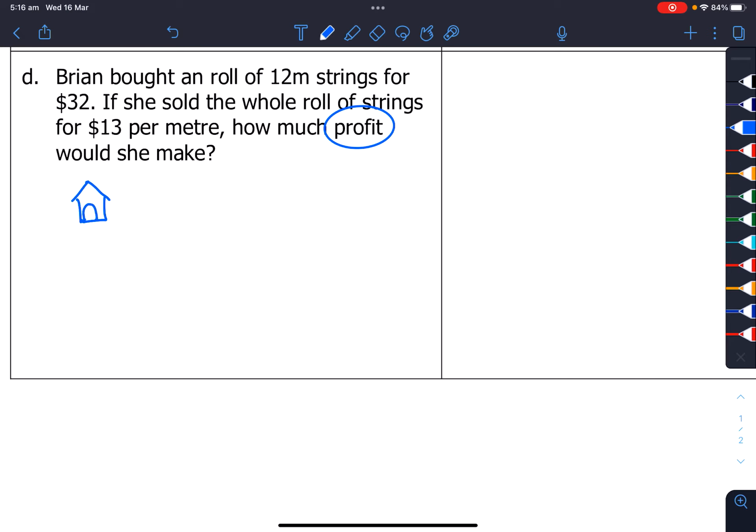Okay, if today Wesley, you buy 100 pencils from the shop. You spend $50. The $50 we call it cost.